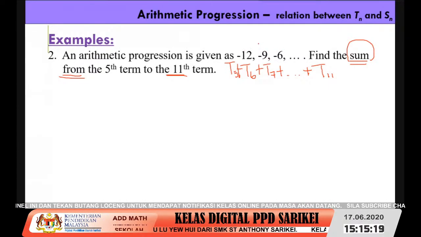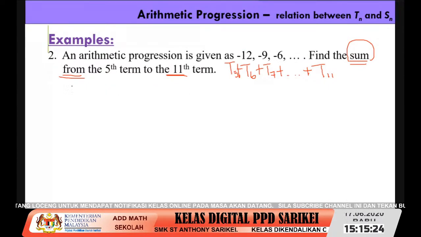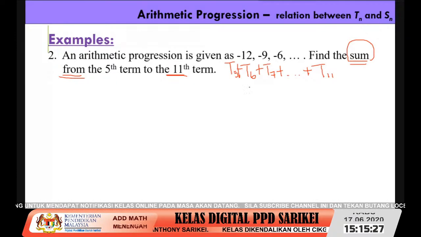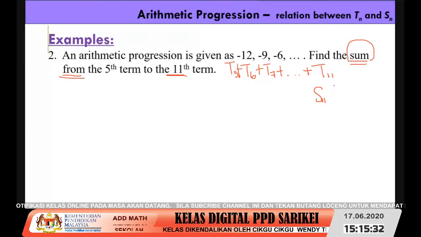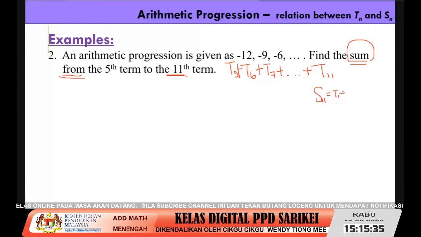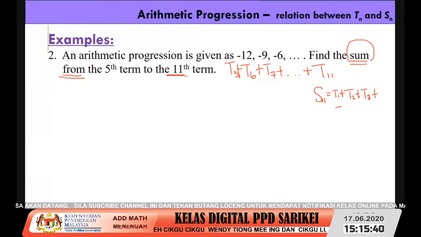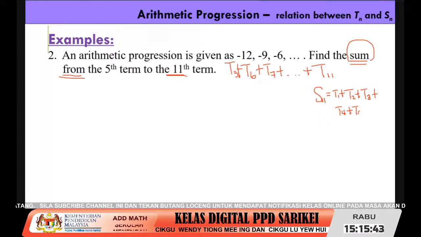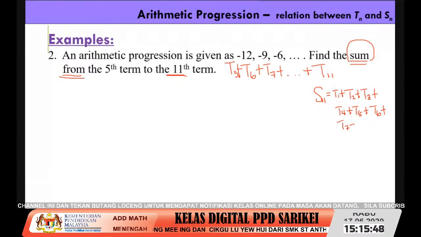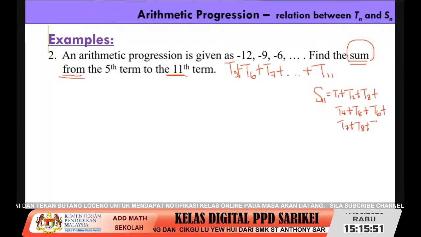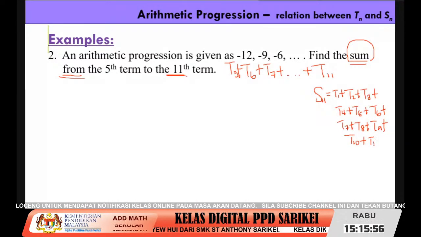Satu, you dari TN cari satu demi satu. Itu memerlukan masa. So, shortcut dia macam mana? Sum of the 11th term maksudnya T1 plus T2 plus T3 plus T4 plus T5 plus T6 plus T7 plus T8 plus T9 plus T10 until 11.